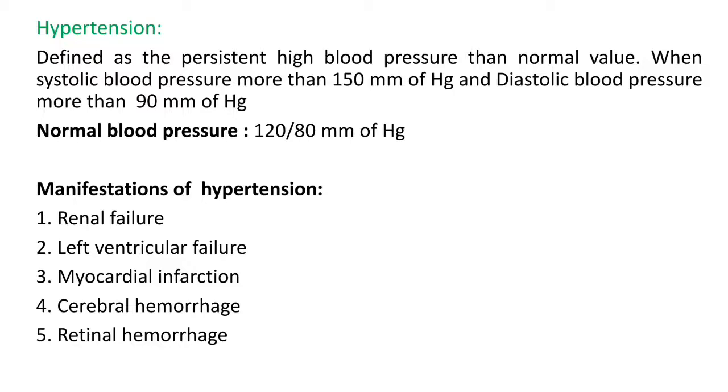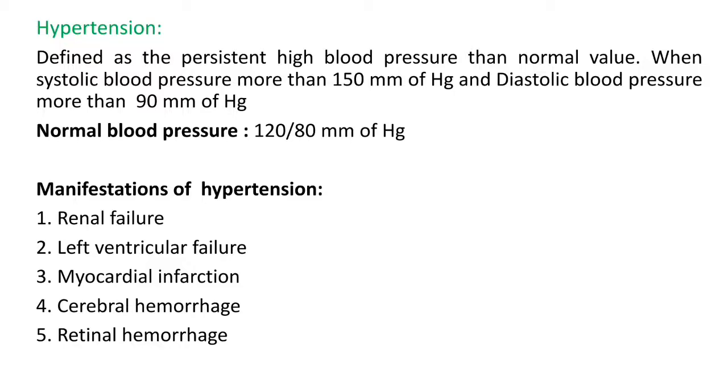That is the normal blood pressure, 120 by 80 millimeter of mercury. So the definition is, hypertension is persistent high blood pressure than the normal value. Persistent means always present, not at a single or double occasion or occasionally. So persistent means always more than 120/80.